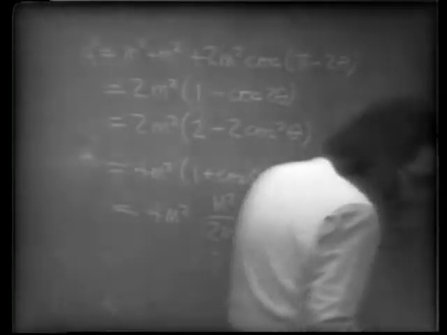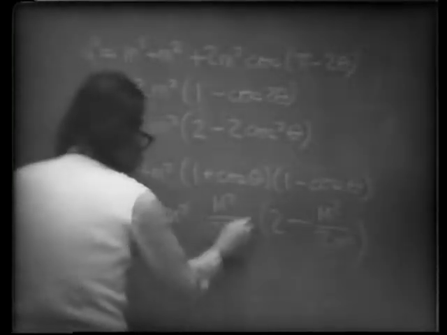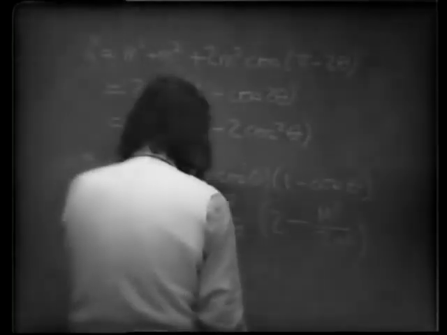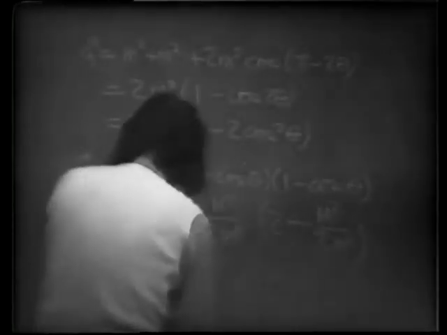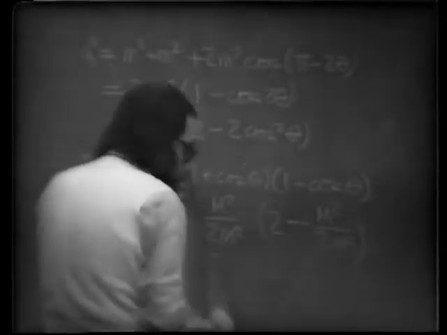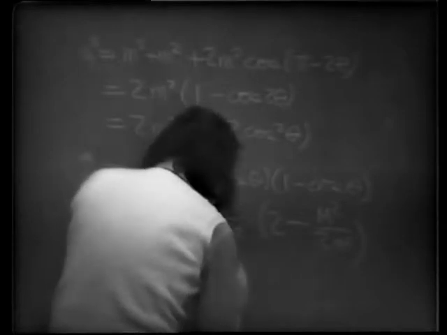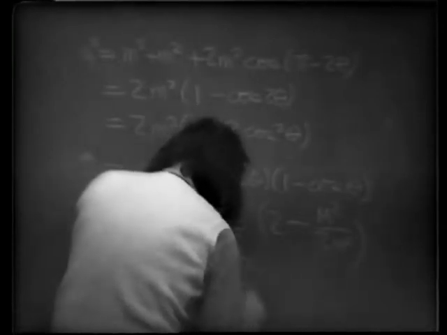And this combines together so that this m squared cancels this one, this 2 cancels the 2 there. So I've got capital M squared as a common factor, 4 minus capital M squared over little m squared.